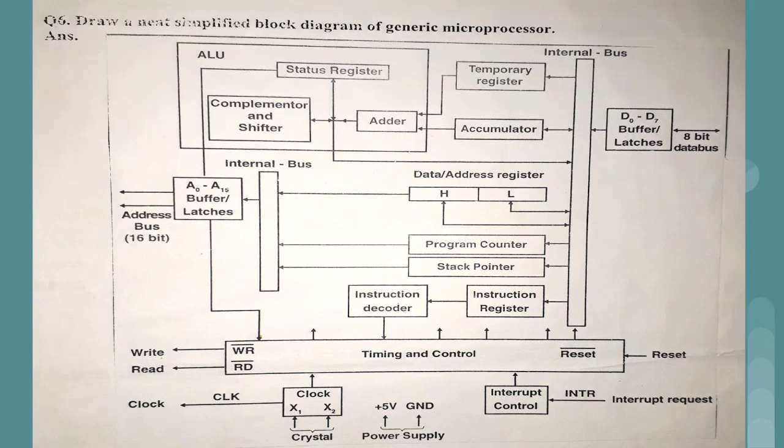Instead of attempting this question, we can solve any other two questions in that time. But still, if you want to draw this diagram, normally it will be for 3 to 4 marks in your theory paper. We don't need to explain any components, you just need to draw this diagram.